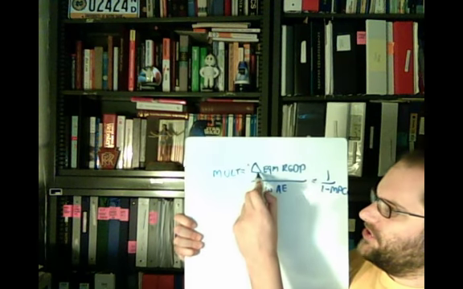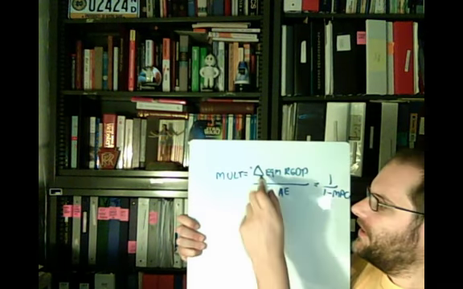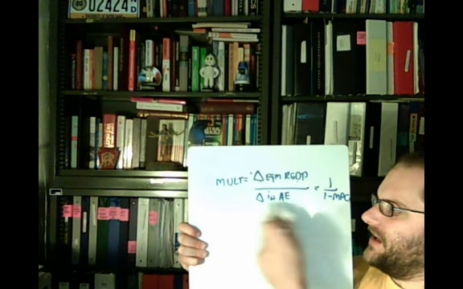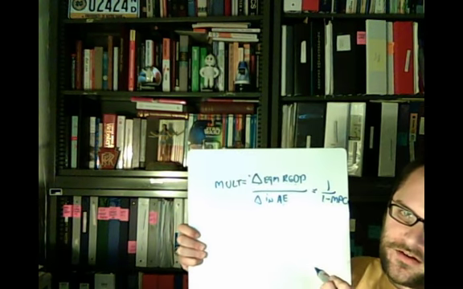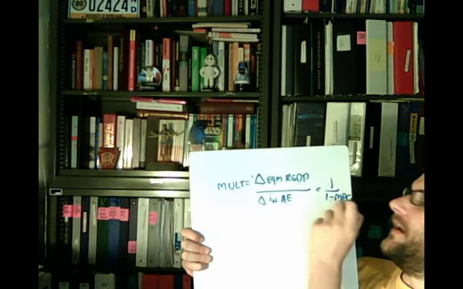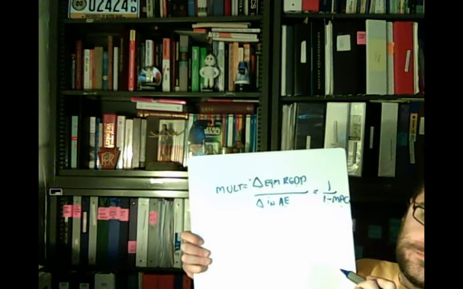The multiplier is going to equal the change in the equilibrium real GDP when you change one of the components of aggregate expenditures, and that's going to be equal to 1 over 1 minus MPC.